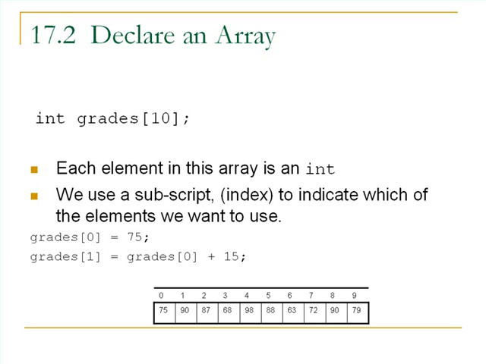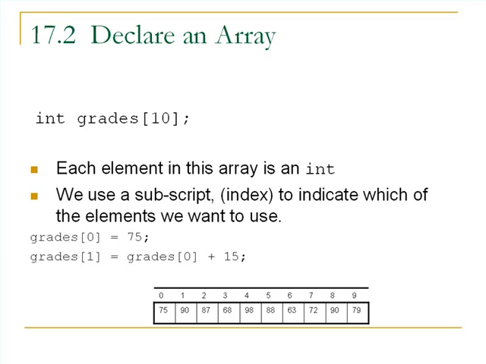So, for example, the first one in the array is grades sub 0. So this is the first thing to remember about an array. In C, the first one is always at subscript or index 0. If we have an array of 10 elements, the subscripts range from 0 to 9.